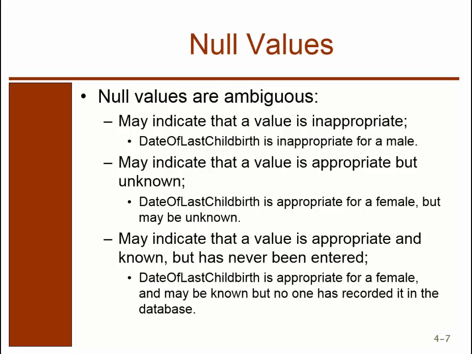So as we go along over the next few weeks, as we're talking about designing databases, I would like you to keep in mind this idea of null values. When you're thinking about attributes to put in each of your tables, think ahead on what reason someone would have to leave a null value in that field, and try to make it more obvious in the way that you set up your table so that this doesn't become an ambiguous problem.